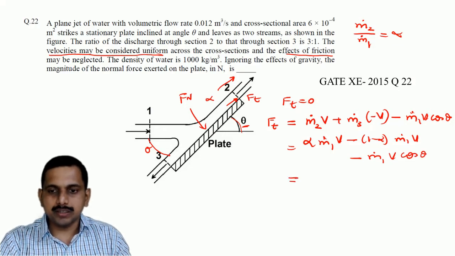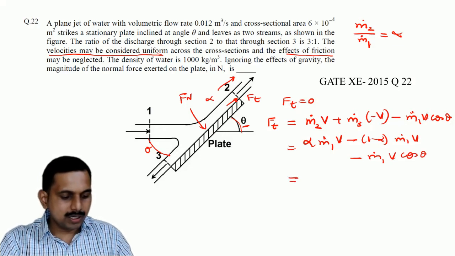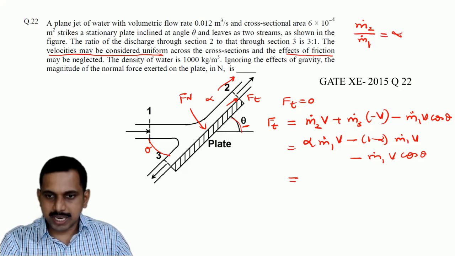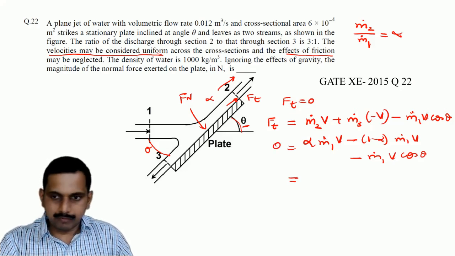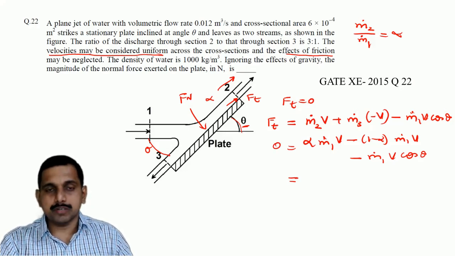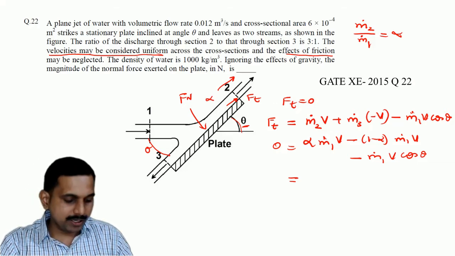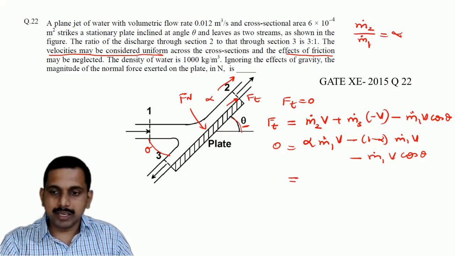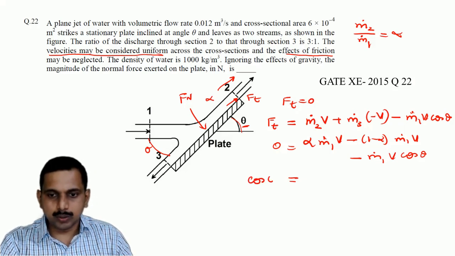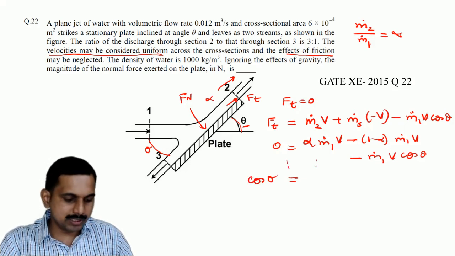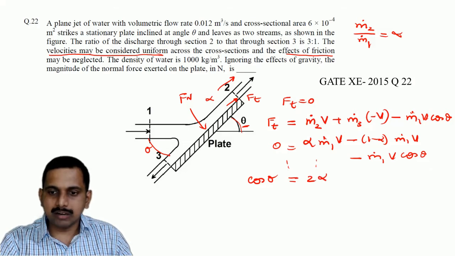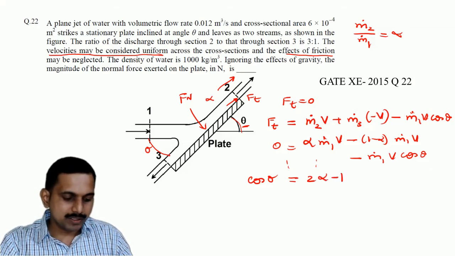So this together has to go as 0. When we make the substitution and simplify, with simple algebra, I get cos theta is equal to 2 alpha minus 1. This is what we get as the answer.